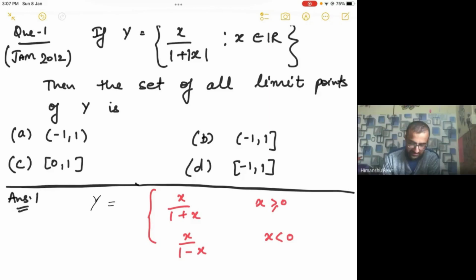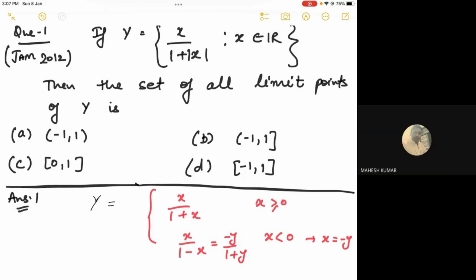Let's change the variable x to minus of y. Then it will look like minus y divided by 1 plus y. Is that fine?